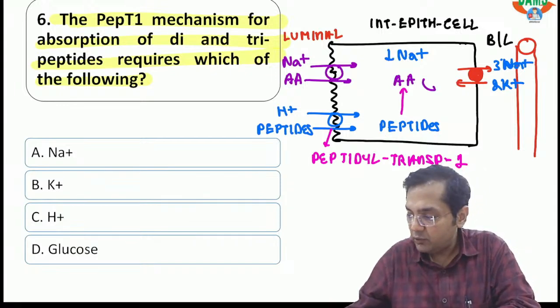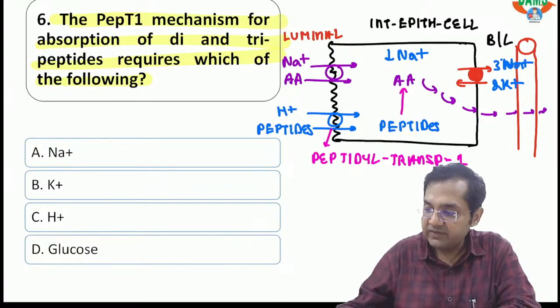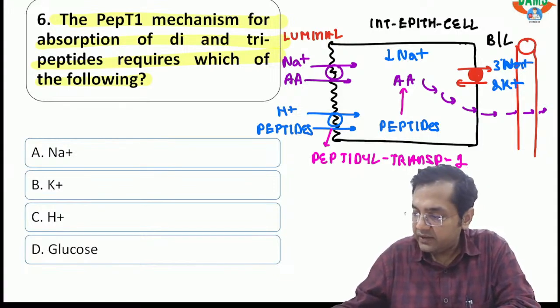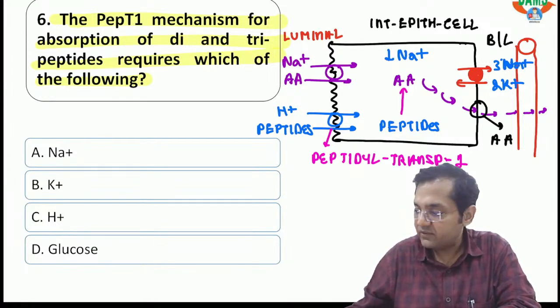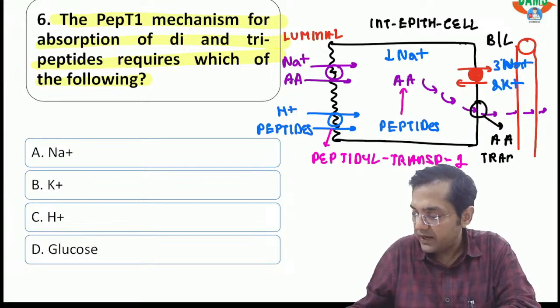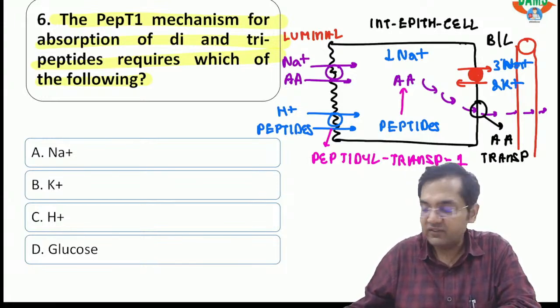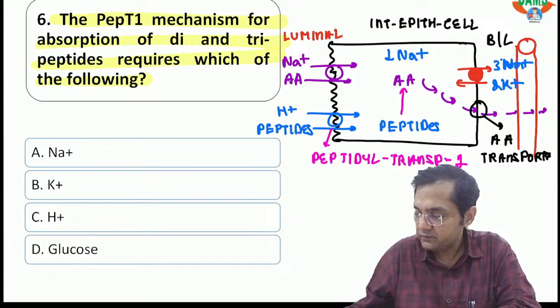And the amino acids will be going into the blood vessel via their own transporters, just like the glucose transporters, known as amino acid transporters, right?